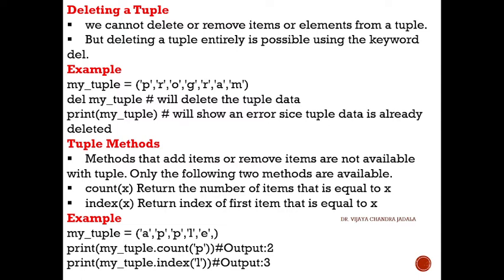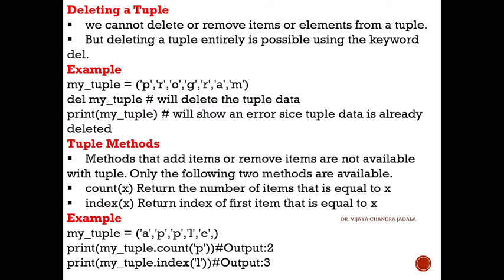Here it is possible to delete the total tuple by using the keyword del. Next, my_tuple equals a program, del my_tuple will delete the tuple data. Print my_tuple will show an error since the tuple data is already deleted.